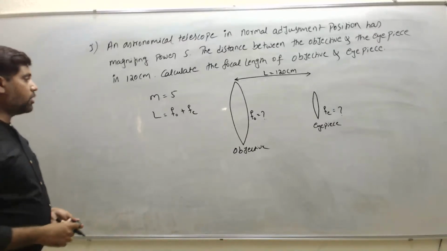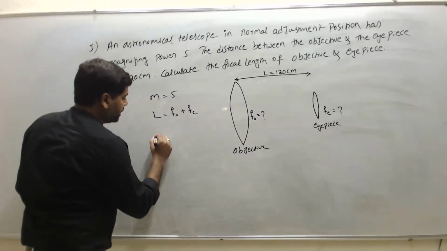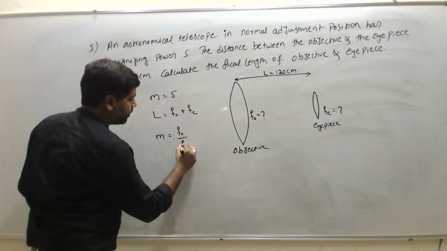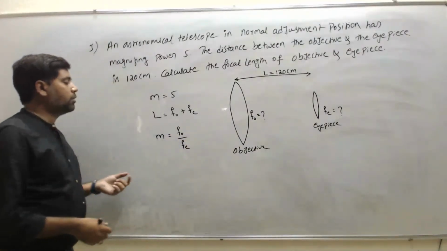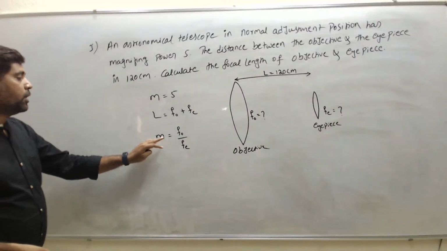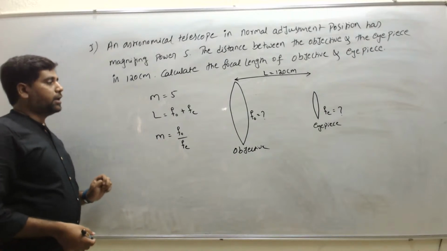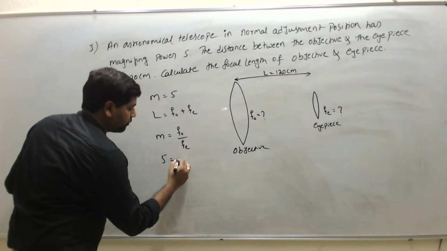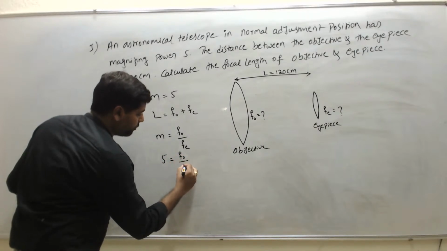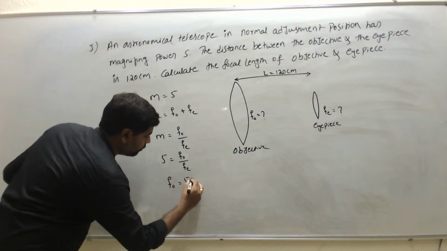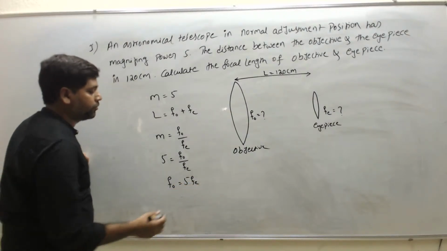The formula for magnifying power of the telescope is m is equal to FO by FE. They have given the value of m is 5. 5 is equal to FO divided by FE. So FO is equal to 5 FE.